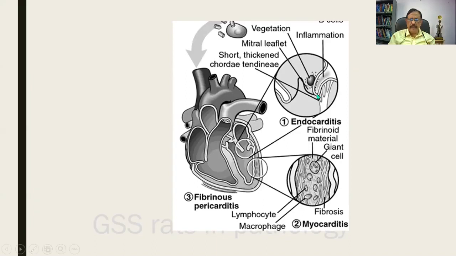This is a valve leaflet which undergoes an inflammation, leading to the formation of a vegetation. Also, there is a pericarditis. The endocardium, myocardium, as well as the pericardium are affected, in which we can see the Aschoff nodule.